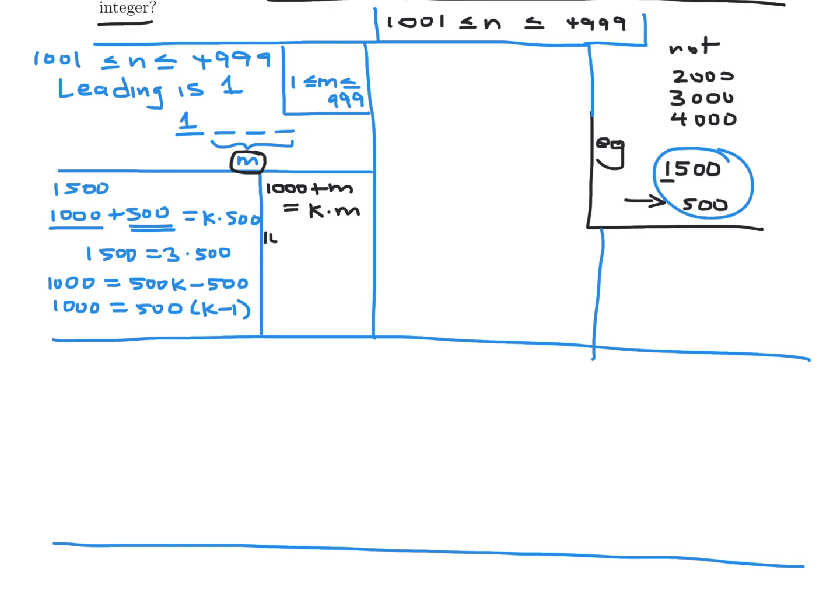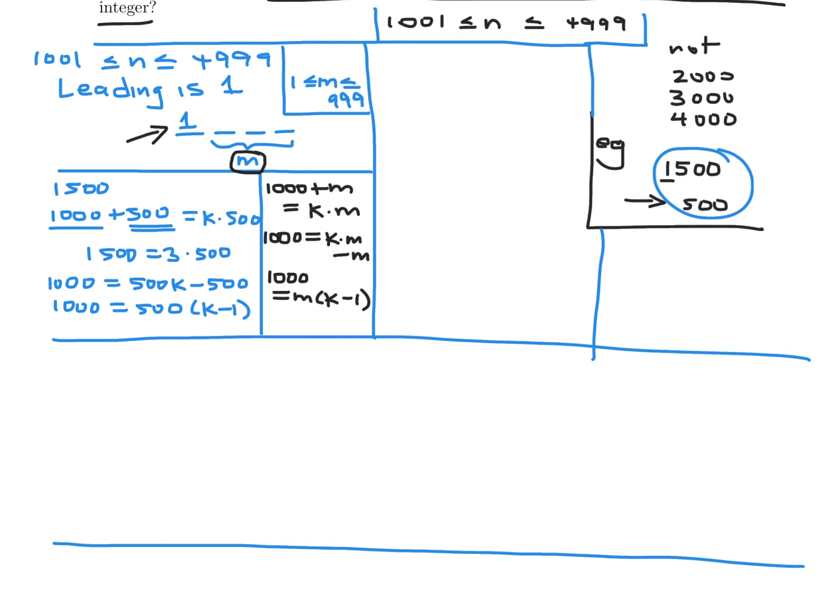And therefore 1,000 would be k times m minus m. And therefore 1,000 would be equivalent to, factor out the m, m times k minus 1. Got it? So that means that the original number 1,000 is a multiple of m. And m is what you get when you remove that leading digit.